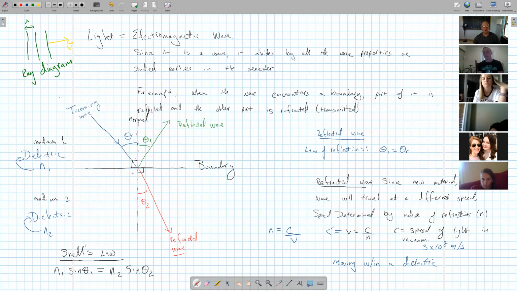Now what also happens is that, in general, these indices of refraction are frequency dependent, which means that different wavelengths of light are going to bend differently, which is what creates a rainbow. We'll talk about this in class, but what we see as rainbows is when light enters a rain droplet, a water droplet.